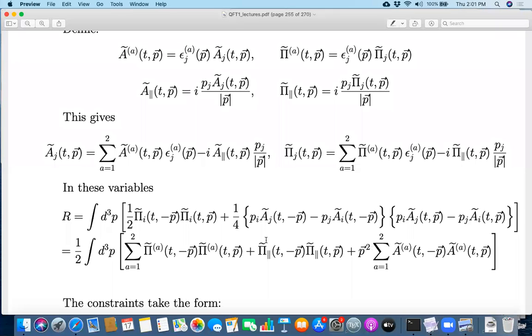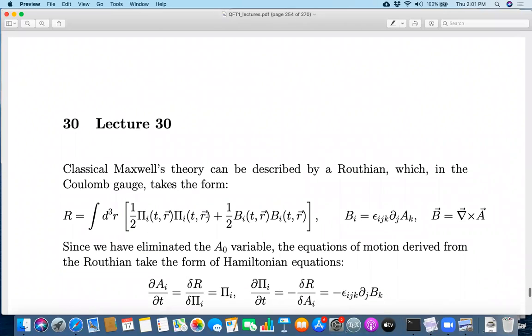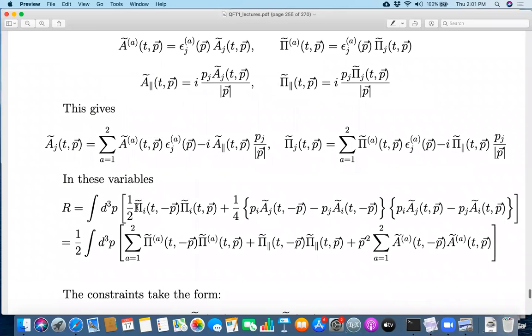It's a simple exercise to check this. This is the momentum space expression for the original Routhian. If you convert to the momentum space variables, the Fourier transform variables, the original Routhian takes this form. This is 1/4 Fij Fij, and you can recognize that's the half B squared term.